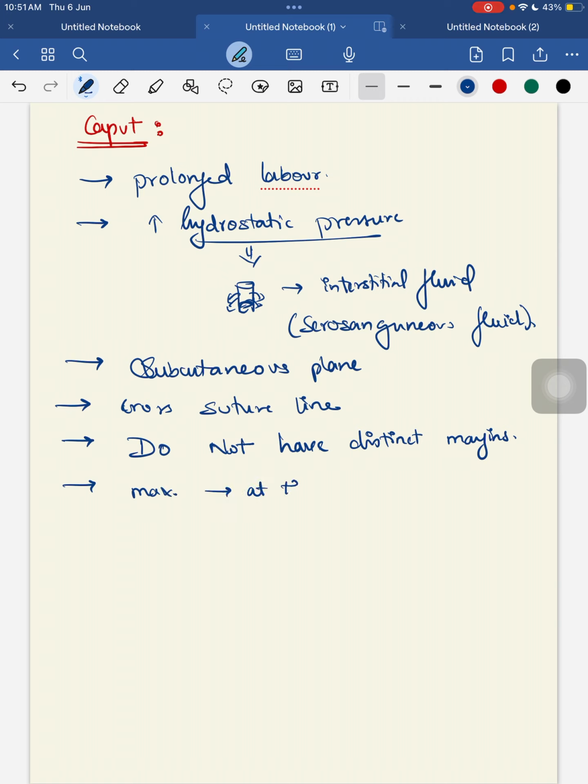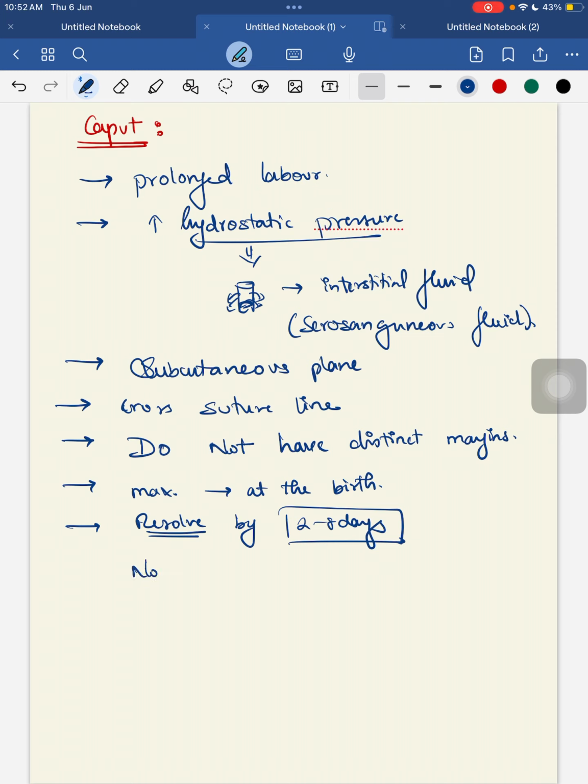cephalohematoma. Cephalohematoma occurs because of the rupture of diploic veins. For example, a forceps delivery causing injury to the child can lead to the rupture of diploic veins.